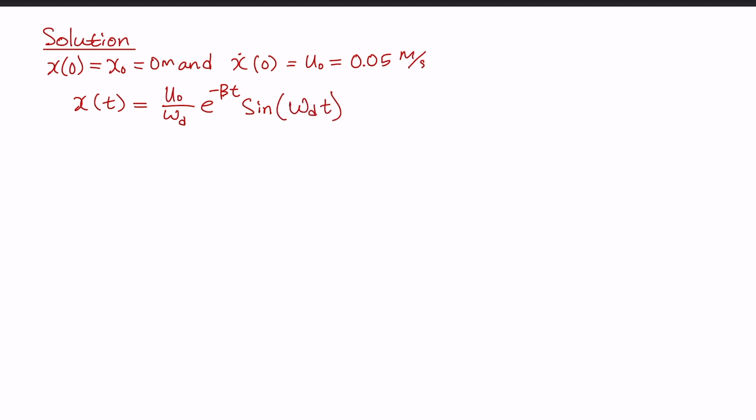So that's our displacement. Now, to find the maximum displacement, we need to find the time where the velocity is equal to 0.